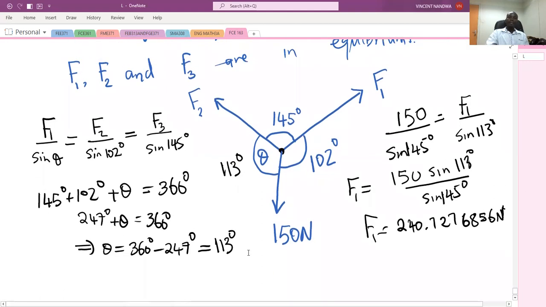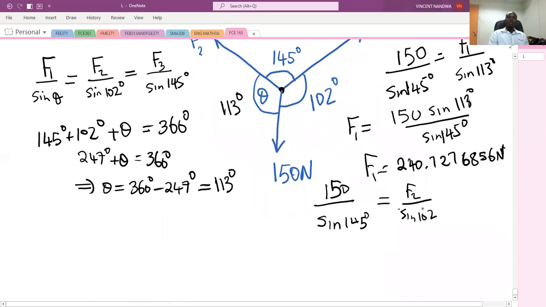And then similarly, 150 over sine of 145 should give us F2 over sine of 102. So cross multiplying gives F2 to be 150 sine of 102 divided by sine of 145.